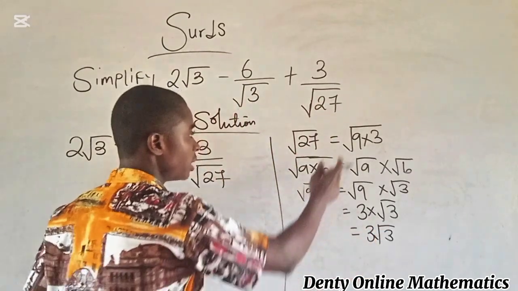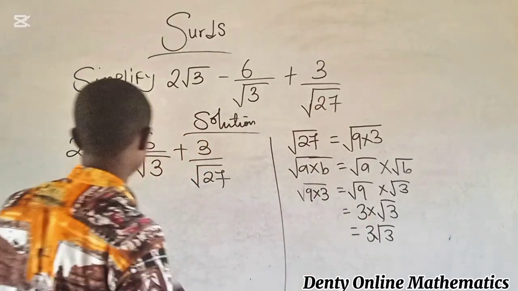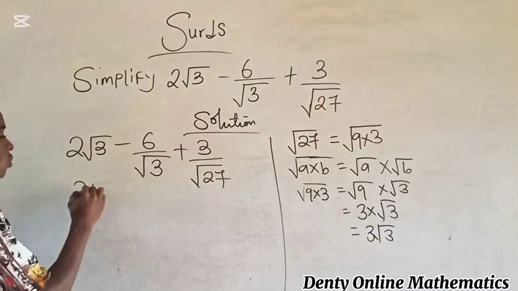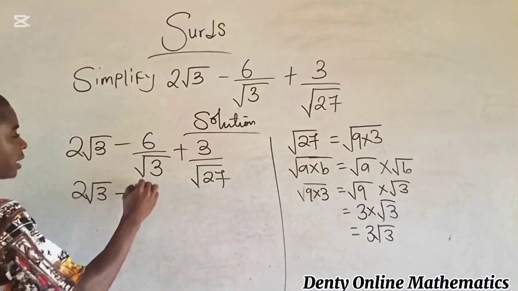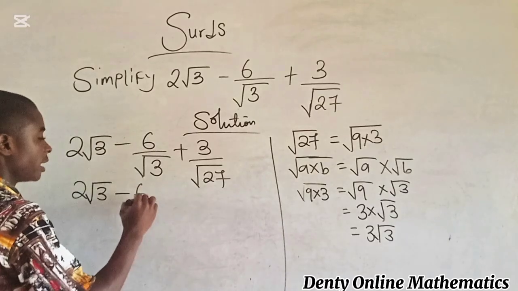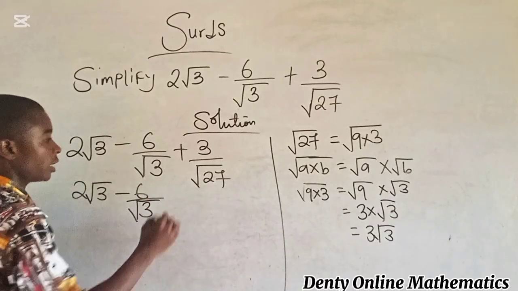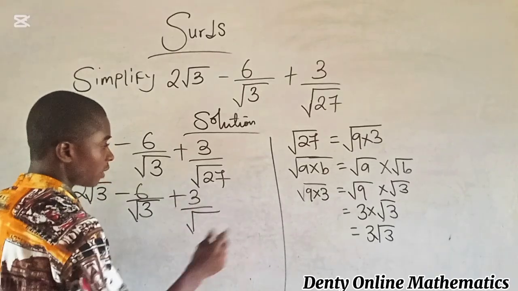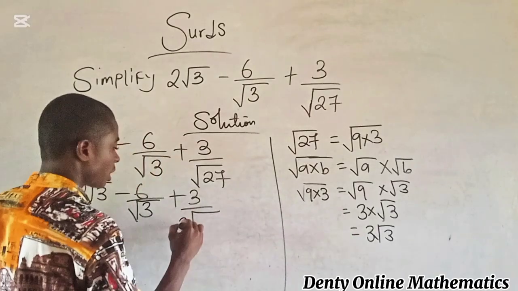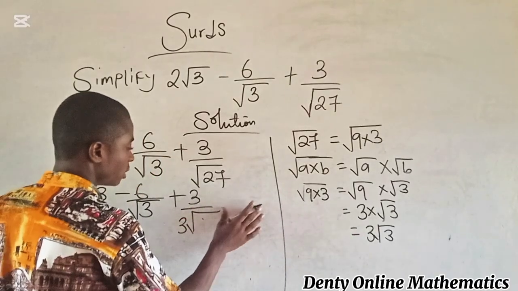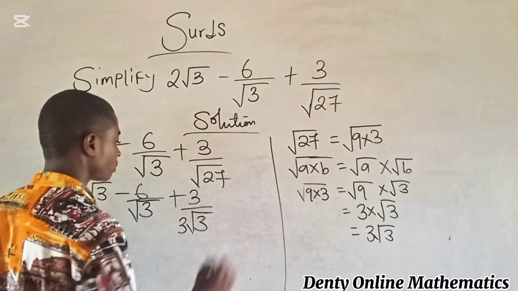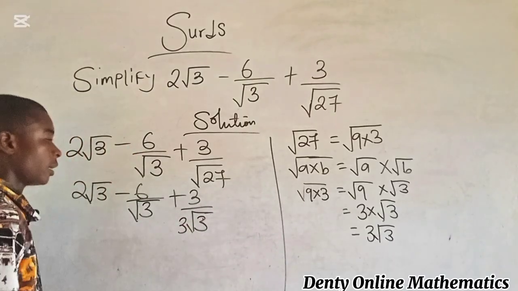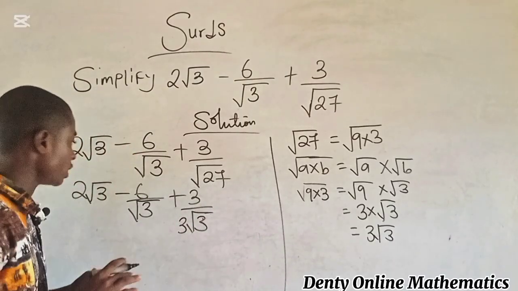Now we are going to replace √27 by 3 root 3. So I'm going to have (2√3 - 6)/√3 + 3/(3√3), since the square root of 27 has been simplified to be 3 root 3.